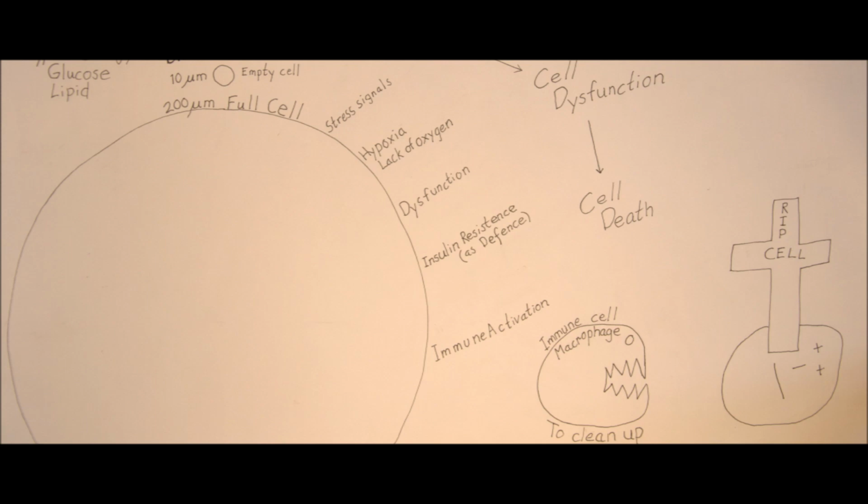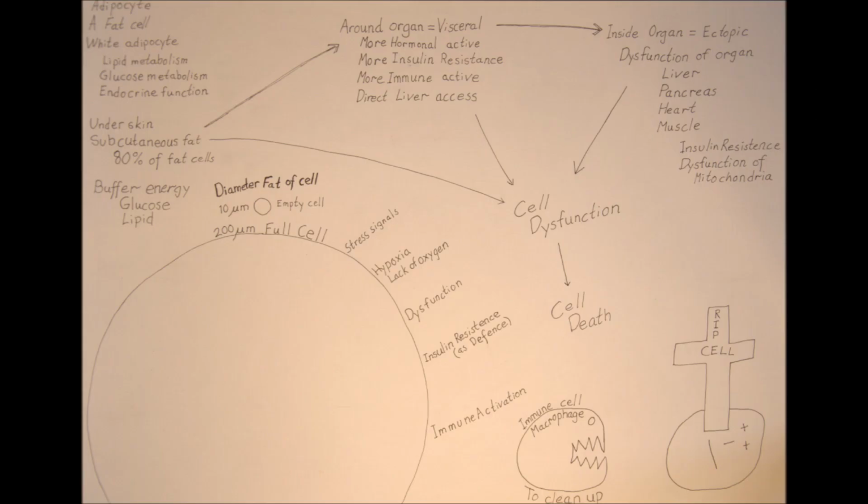This is activating the immune system. If the fat cell has to continue being too full, it becomes dysfunctional. If it continues to be dysfunctional, it dies. If it dies, the macrophages come and eat it up to clear the mess and make the tissue healthy.